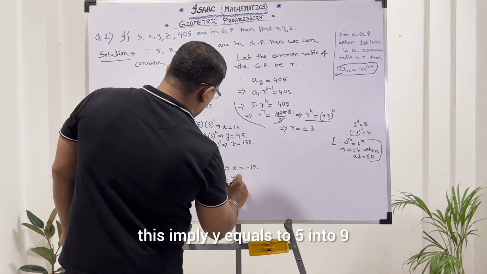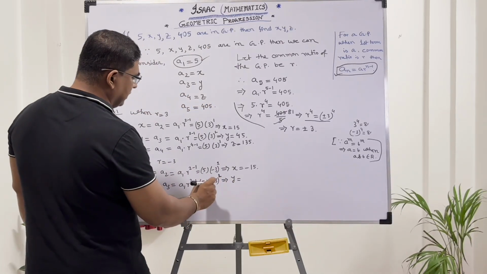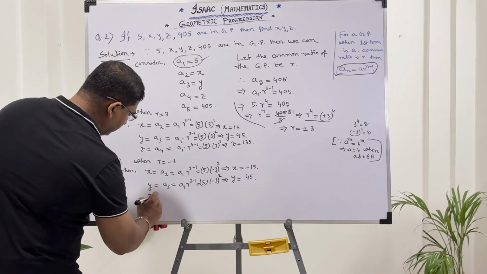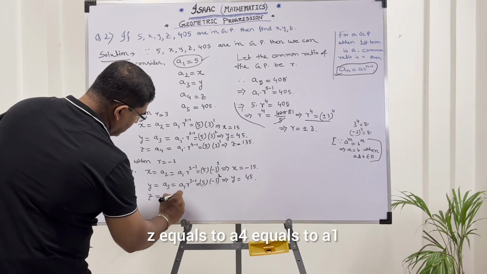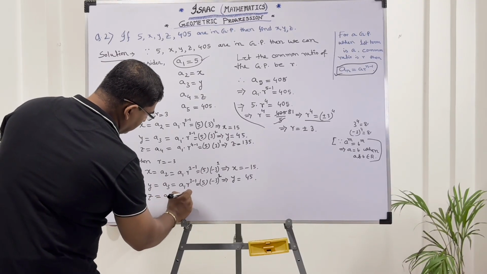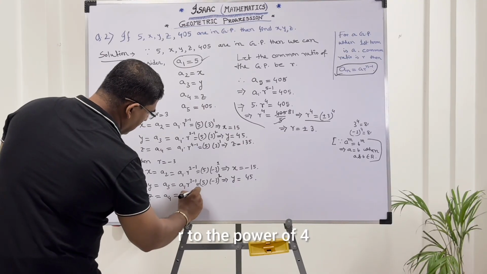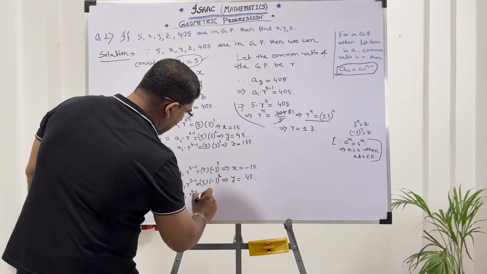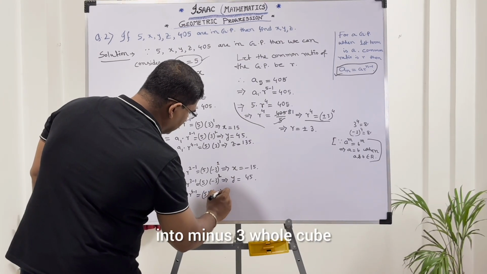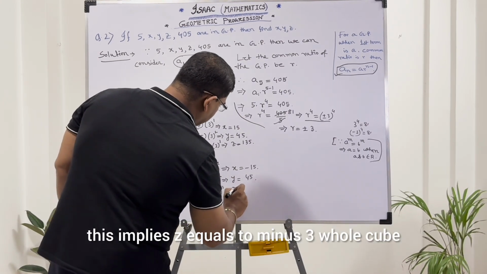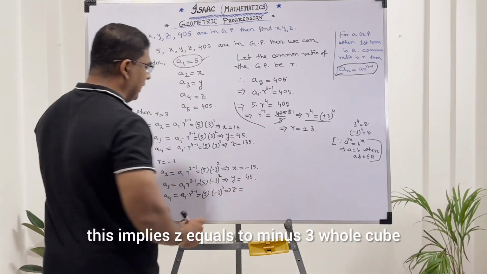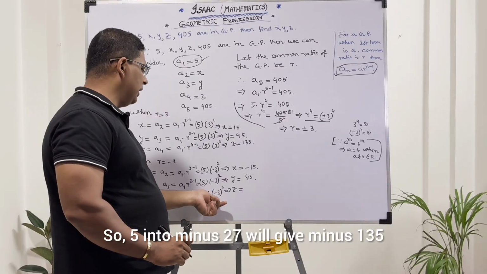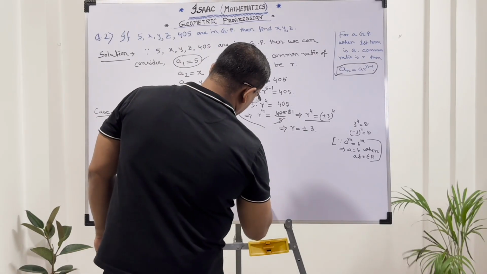This implies Y equals to 5 into 9, that is 45. Z equals to A4 equals to A1 into R to the power of 4 minus 1 equals to 5 into minus 3 whole cube. This implies Z equals to minus 3 whole cube will give minus 27. So 5 into minus 27 will give minus 135.